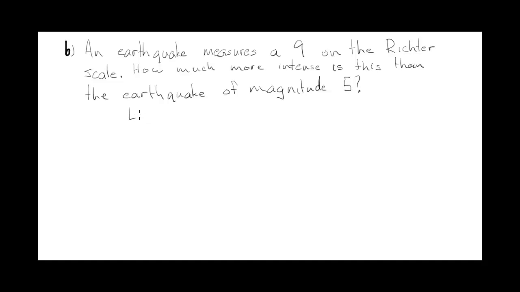So let I2 be the intensity of the earthquake of magnitude 9. Remember, I1 was the magnitude 5 earthquake.